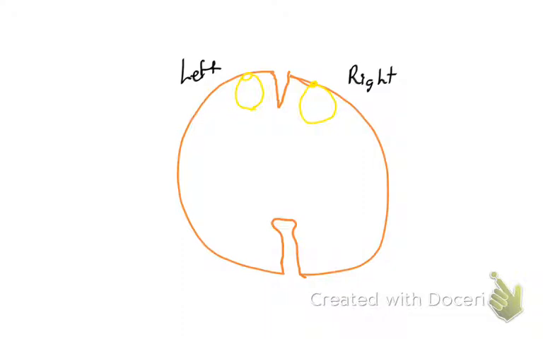Let's see what else we can see. So now we are going to have here something similar to a ball. It's not a ball exactly. It should be more here.